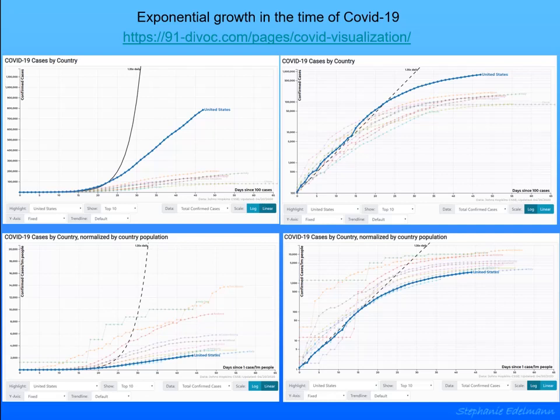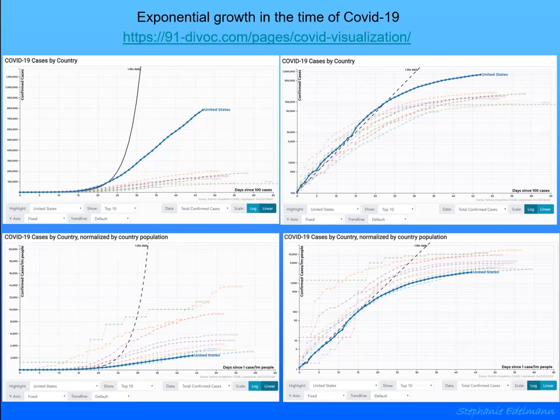The one on the right again shows, just like on the top, that the United States, even with the numbers normalized for population, initially had exponential growth. Now it's not an exponential growth that's a doubling, but it's whatever the trend line is.